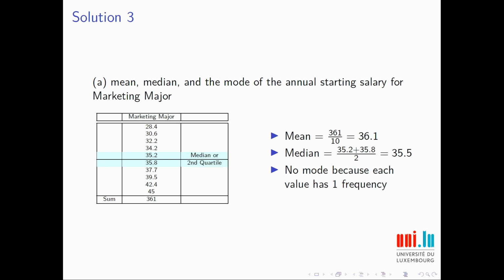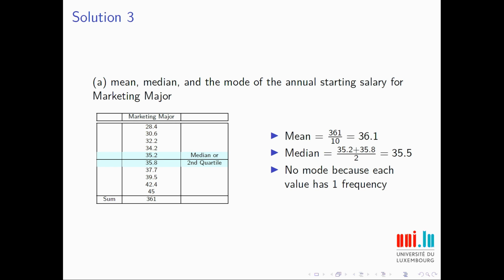So here's the way we find the mean. Here we have 10 observations. We find the sum, divide the sum by the number of observations, and we get the mean. We also use the technique I showed you to find the median. Since it's 10, we divide 10 by 2, which is 5, and the next element, y plus 1, is 6.